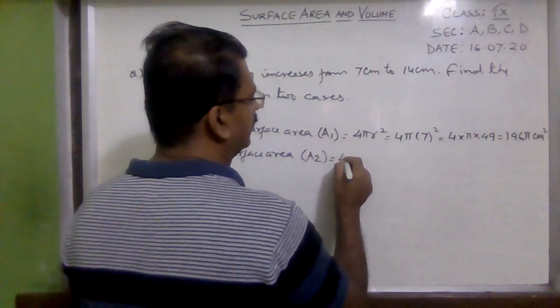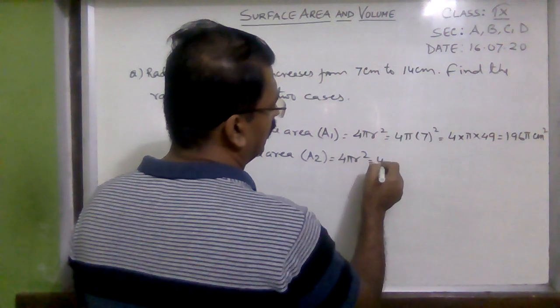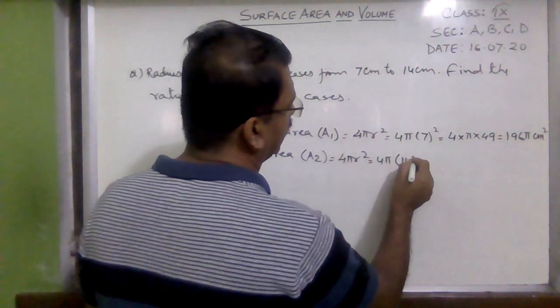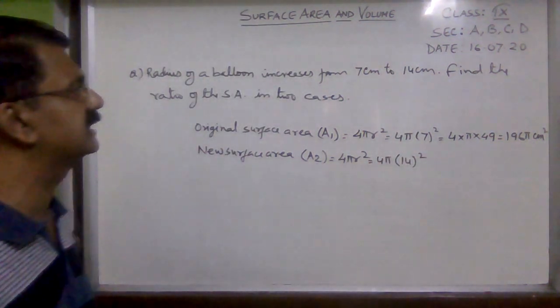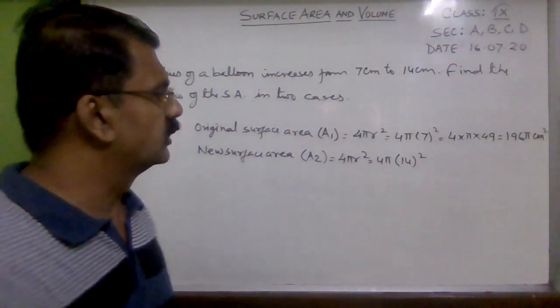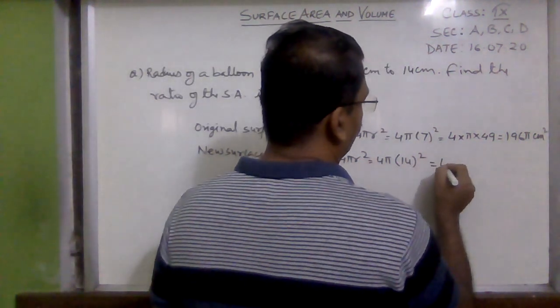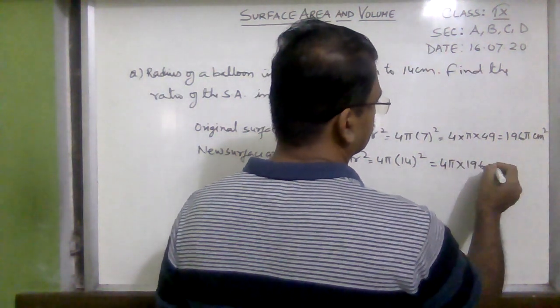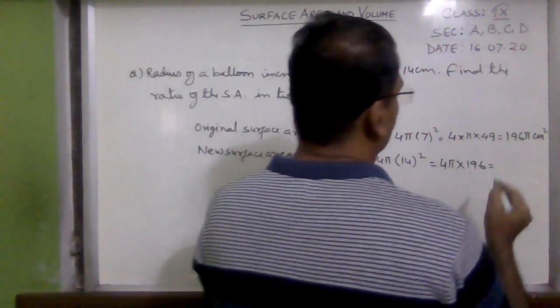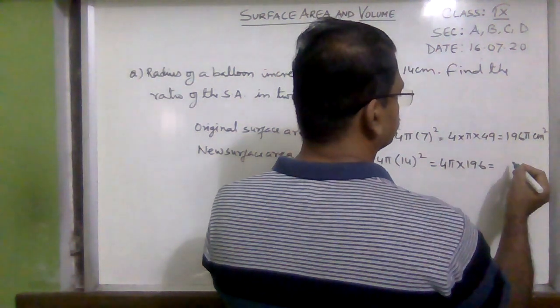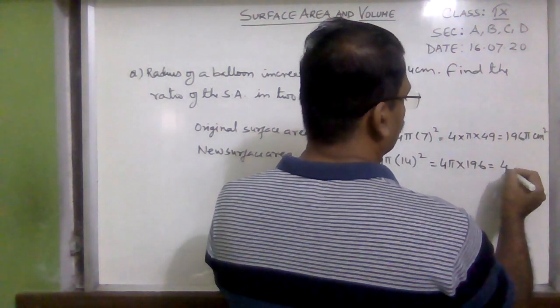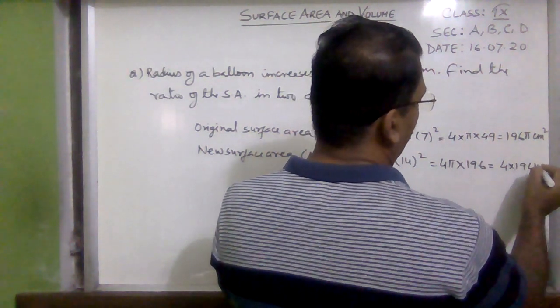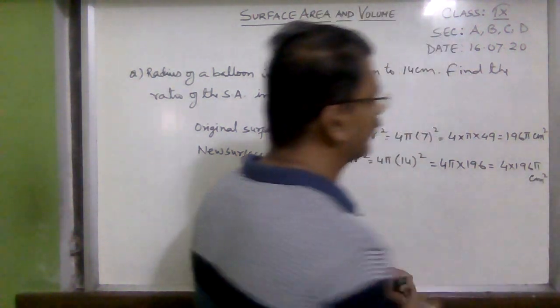Once again we will apply the formula 4 pi r square, and this time it is 14 square because now the new radius is 14 centimeter. So 4 pi 14 square is 196. So 4 into 196 into pi centimeter square is the new surface area.